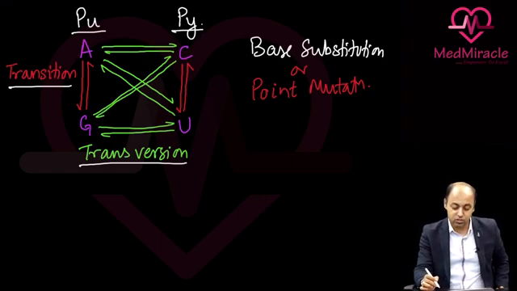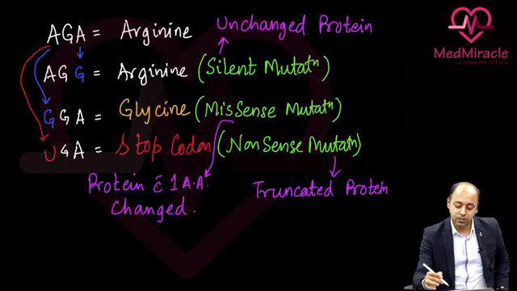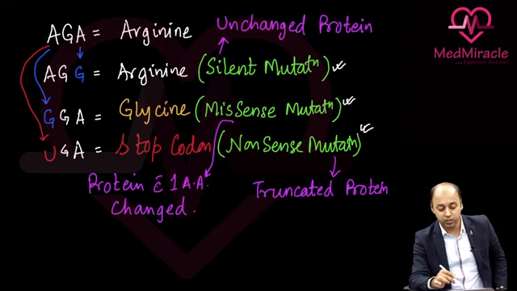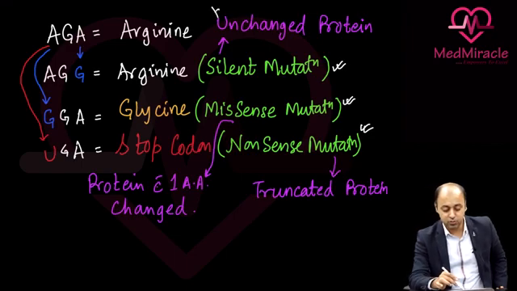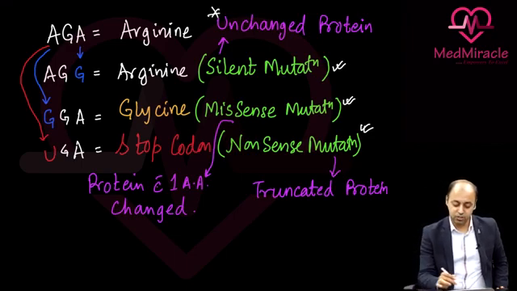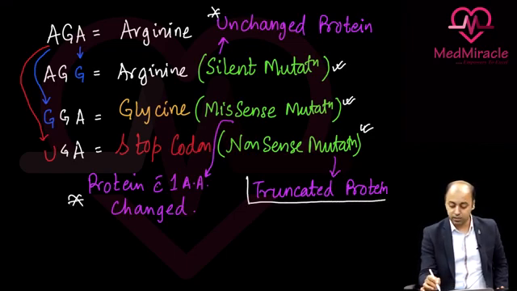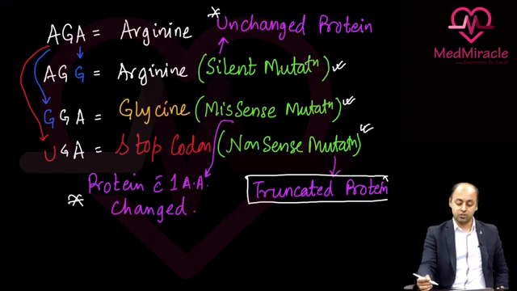As a result of this change, we get the silent mutation, the missense mutation, and the nonsense mutation. In silent mutation, we get an unchanged protein. In missense mutation, we get a protein with one amino acid changed, and in nonsense mutation, we get a truncated protein. Protein is there, however, its size would now be diminished.